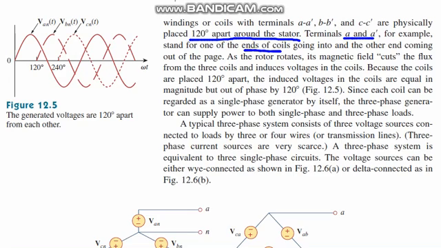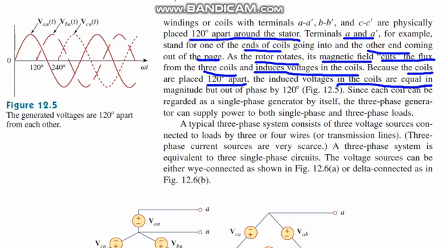So you can understand how this generates voltages 120 degrees apart around the stator, with one end of the coil going into the page and the other coming out. As the rotor rotates, its magnetic field cuts the flux from the three coils and induces voltage in them. Because the coils are placed 120 degrees apart, the induced voltages are equal in magnitude but out of phase by 120 degrees.